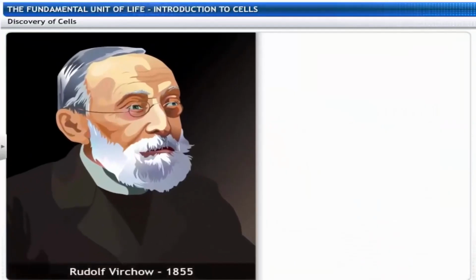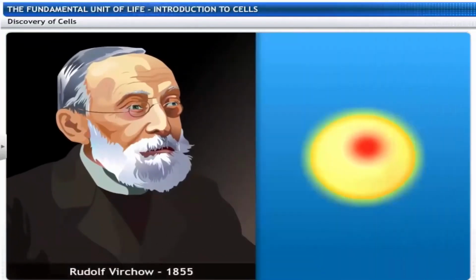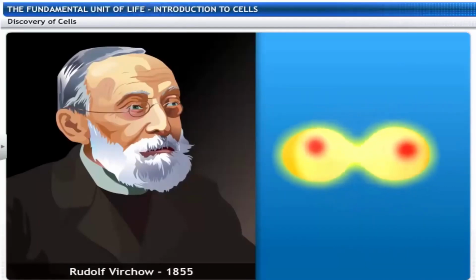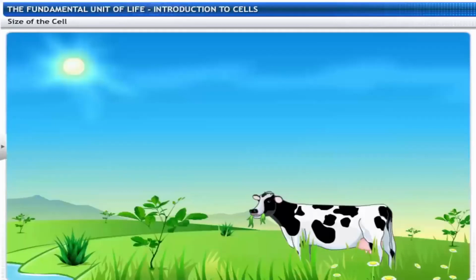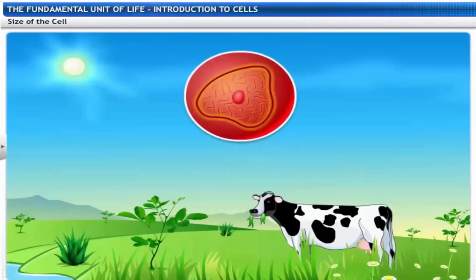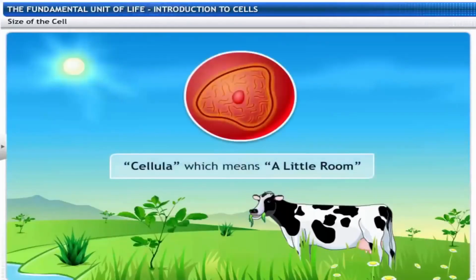Rudolf Virchow in 1855 further expanded the cell theory by saying omnis cellula e cellula, which means all cells arise from pre-existing cells. All living organisms are made of cells. Cell is derived from the Latin word cellula, which means a little room.